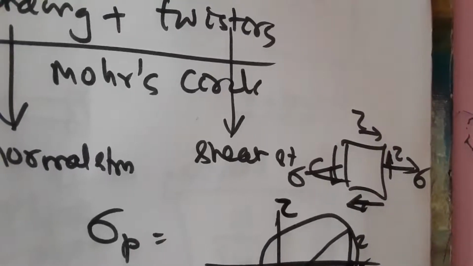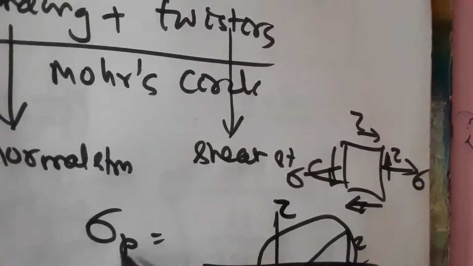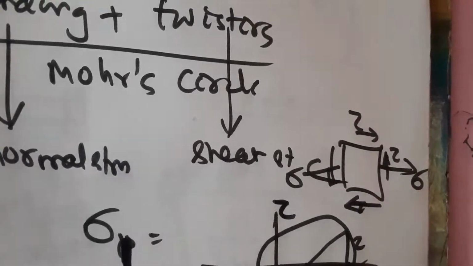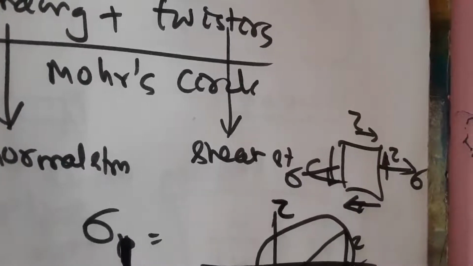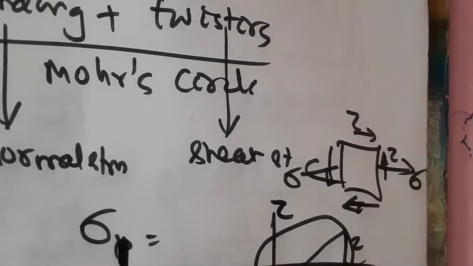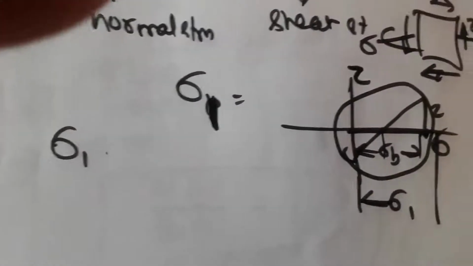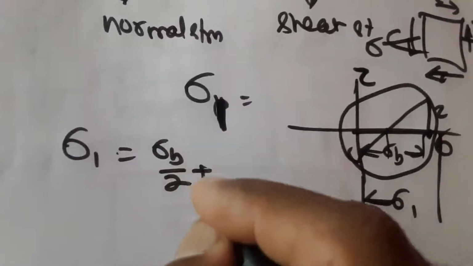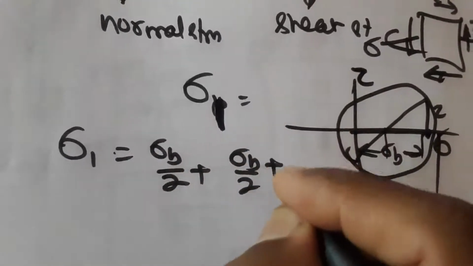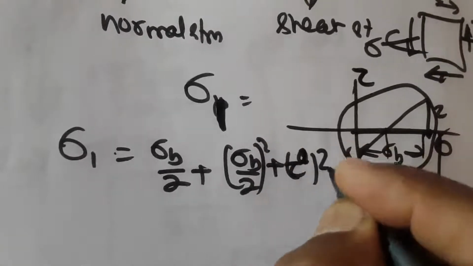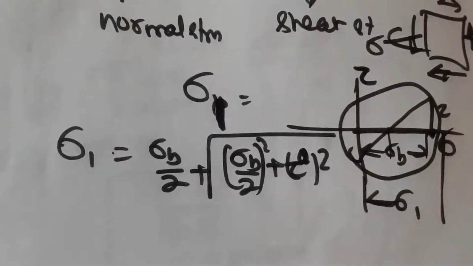Sigma 1, the principal stress, will be equal to sigma b by 2 plus the square root of (sigma b by 2) squared plus tau squared.